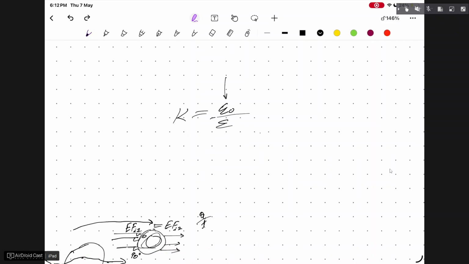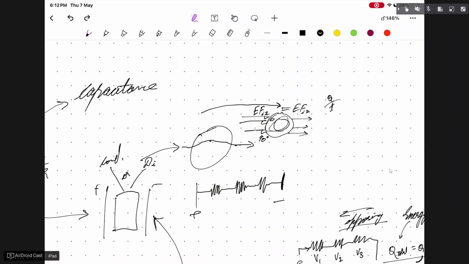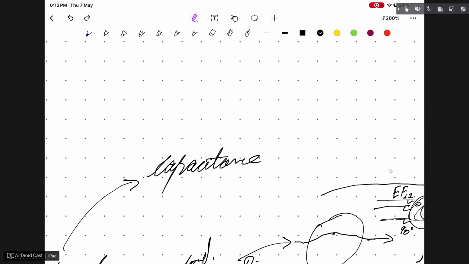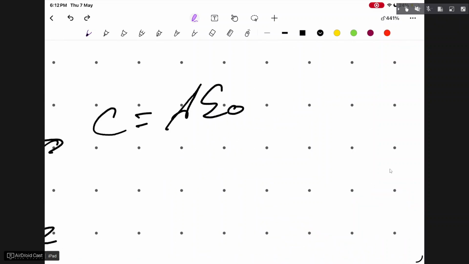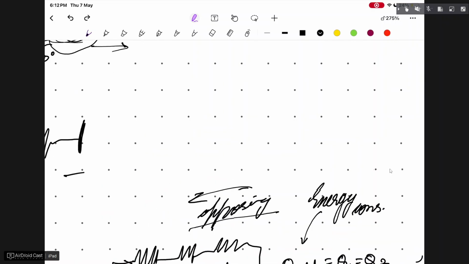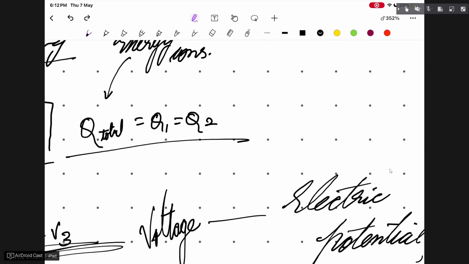So now here the formula changes a bit because we have to find capacitance. The formula for it is C equals A epsilon naught by D. Oh yeah, I also forgot. Here Q1 equals Q2, right?